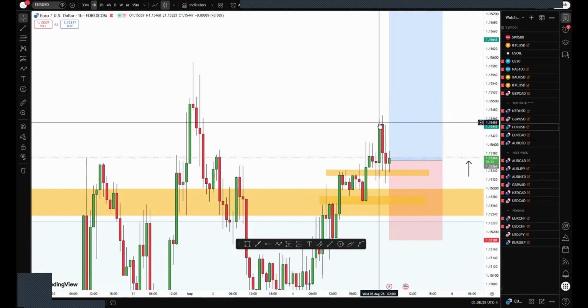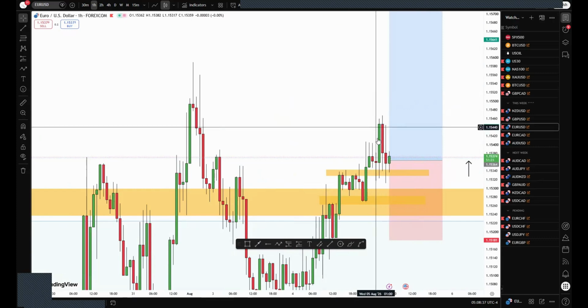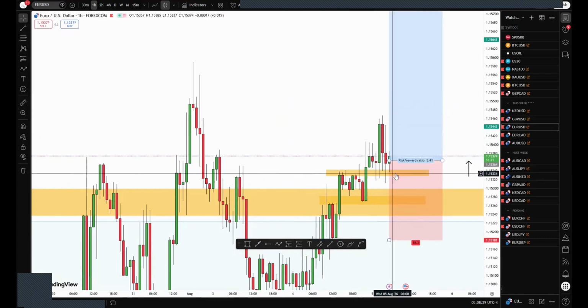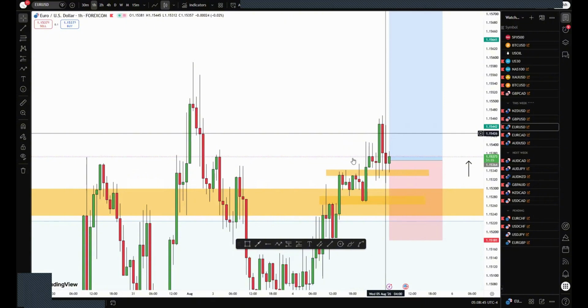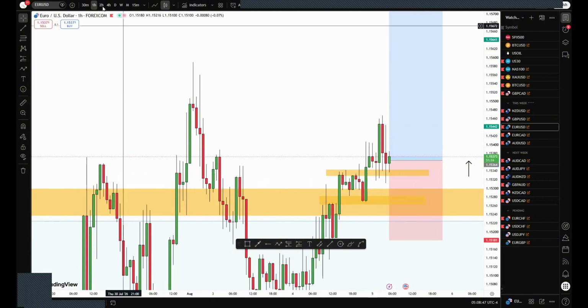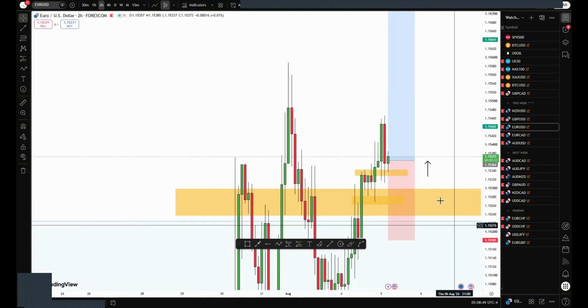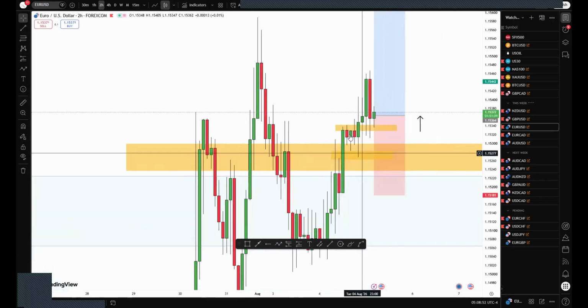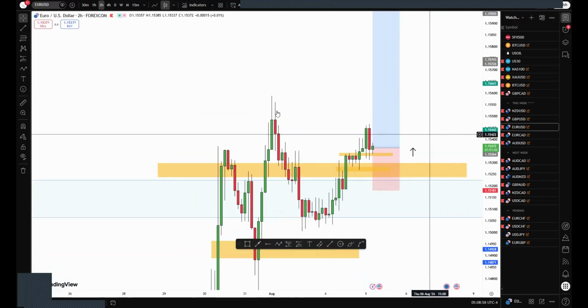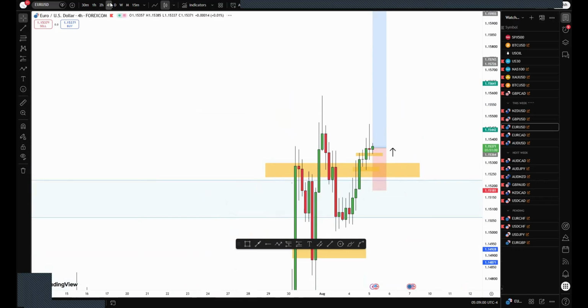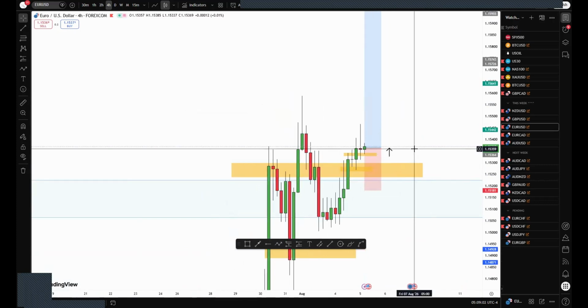This was supposed to retest this level, but price ended up making another high, then shifting it. But in the 2 hour time frame, you can see that there's still tension in this trade, especially in the 4 hour time frame.